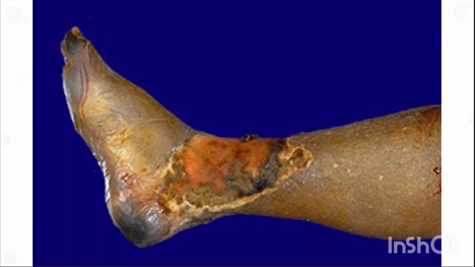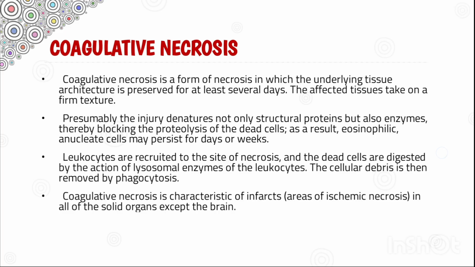This is liquefactive necrosis. Moving on to coagulative necrosis. Here, the underlying tissue architecture is preserved for many days. Why? Because the injury denatures not only the structural proteins but also the enzymes, thereby blocking the proteolysis of dead cells.